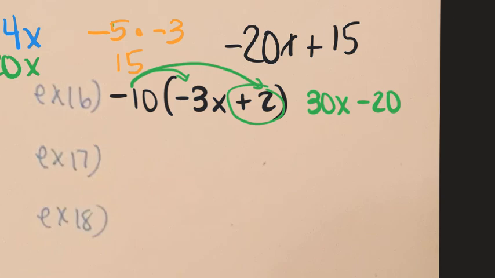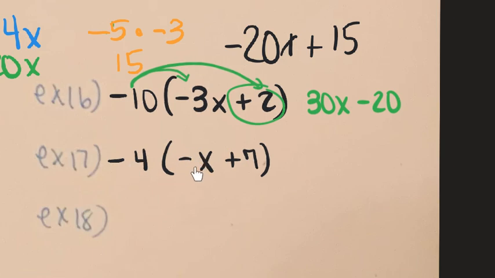Example 17, negative 4 times negative x plus 7. Okay, you've got a negative 4.